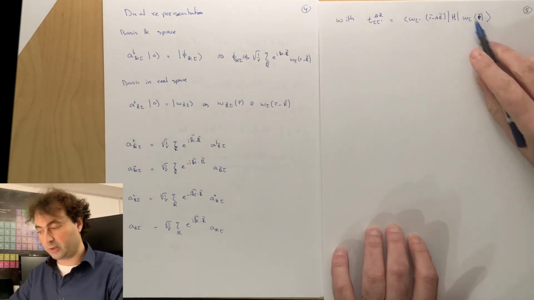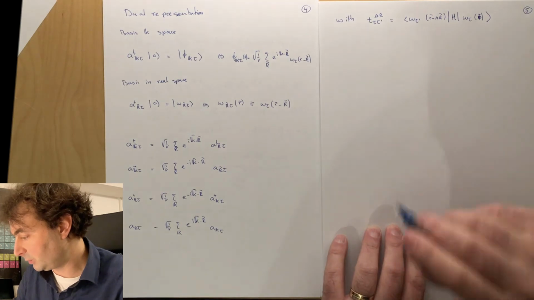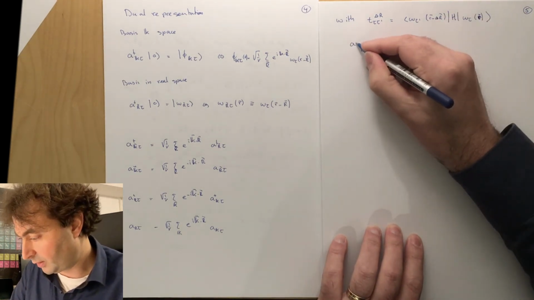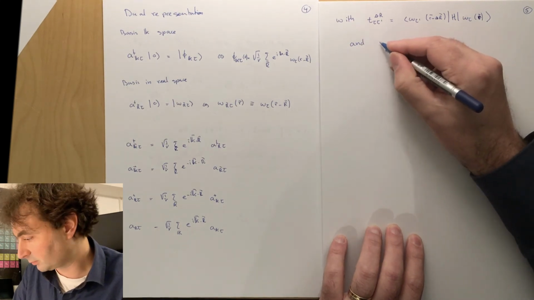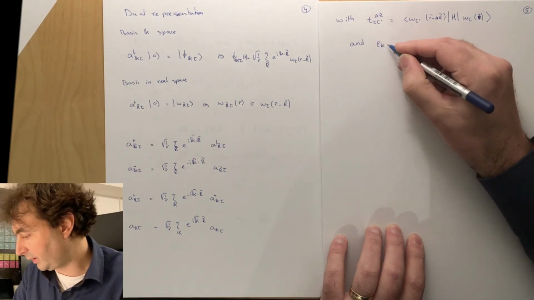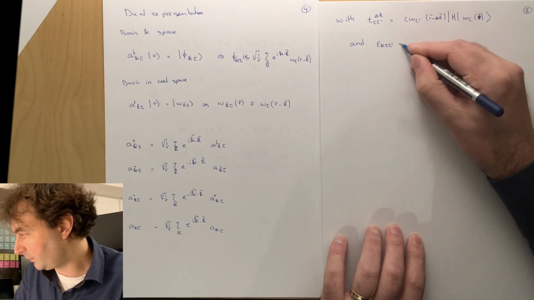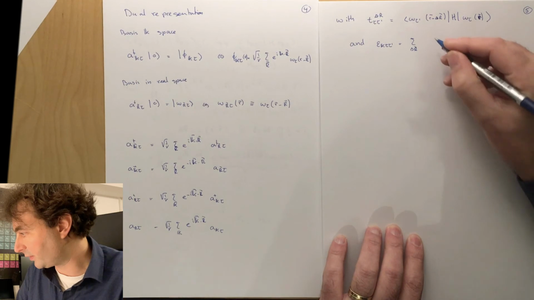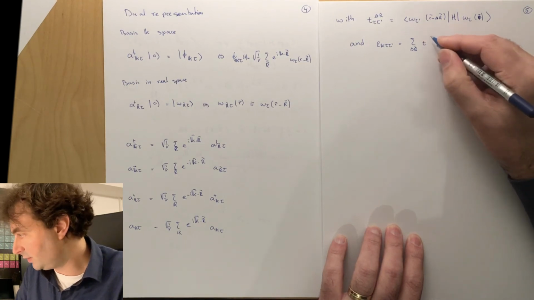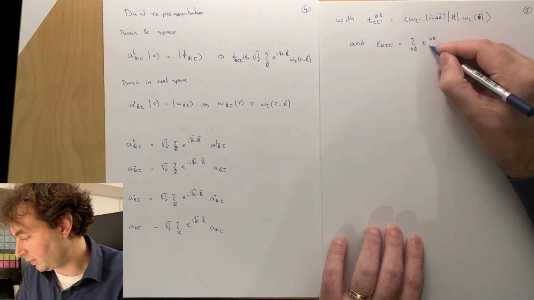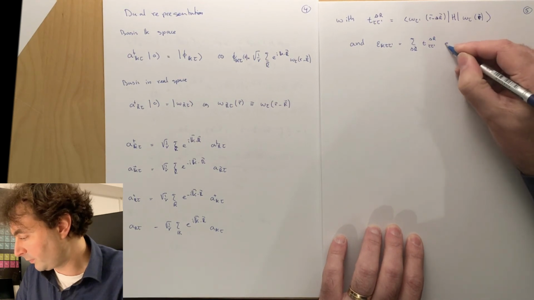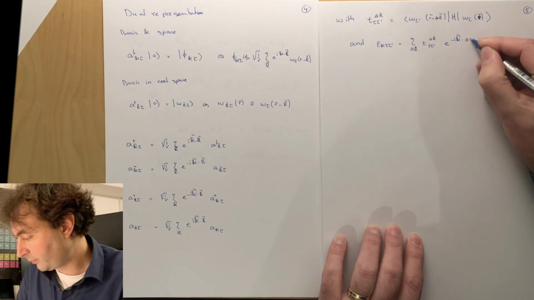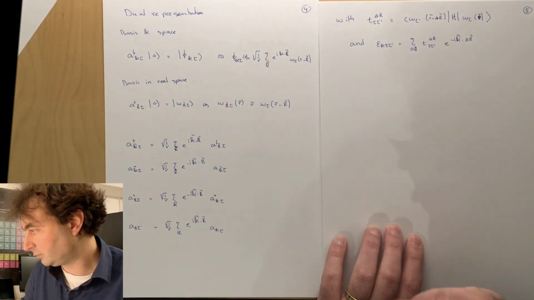So centered around the origin, you hop by a distance delta r. And we defined epsilon k tau tau prime as the Fourier transform of this sum over all possible delta r's, t delta r tau tau prime e to the minus i k dot delta r.